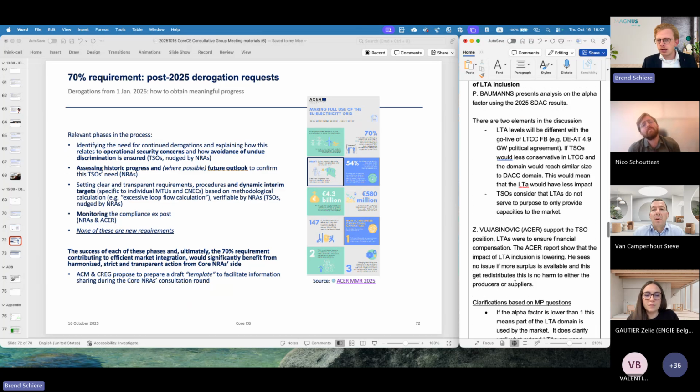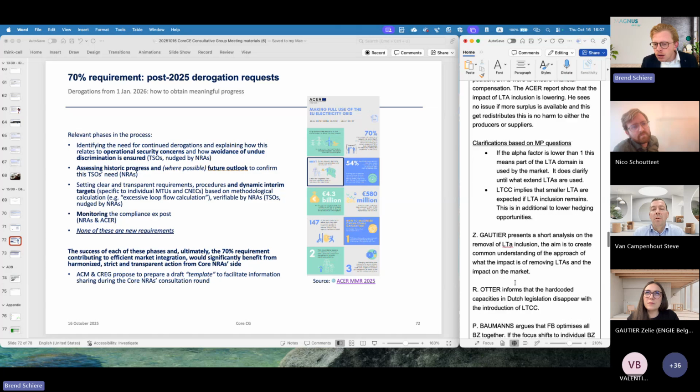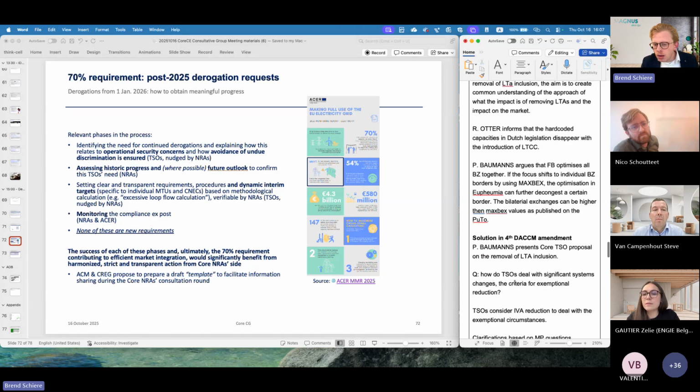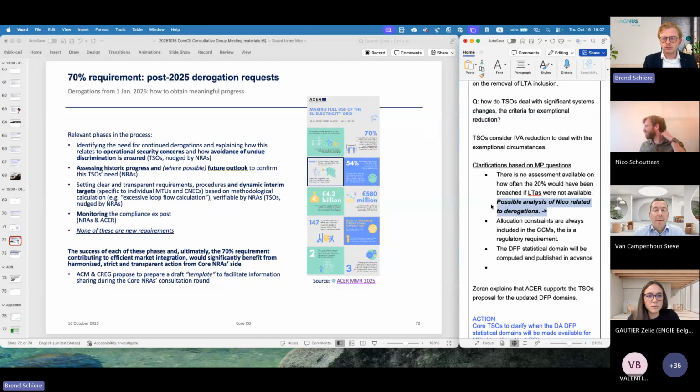And the question was, are there any public KPI statistics available with respect to which TSOs go below the 20% and how often it happens? I believe, Nico, that you have been making this type of statistics. I don't know if it's up to date and where it can be publicly found, but maybe you can clarify this.